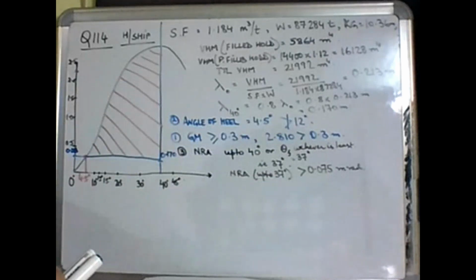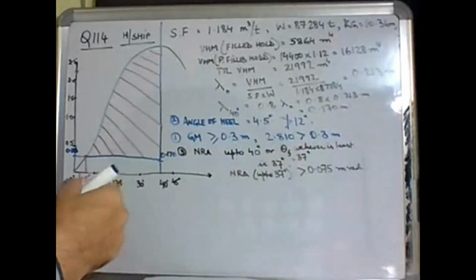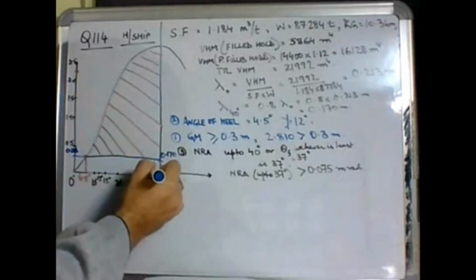ओके, अब मुझे एरिया अप टू 37 चाहिए तो what will I do? I will draw a line at 37. तो ये 37 डिग्री है.